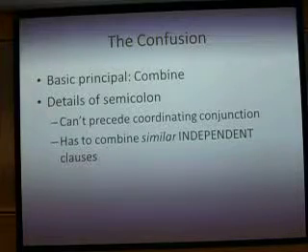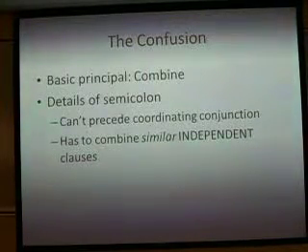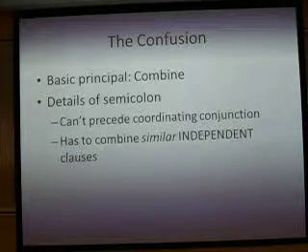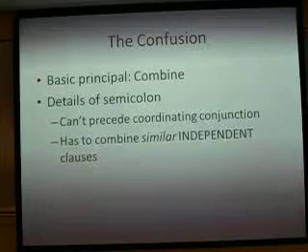They also don't always teach that a semicolon is used to combine two similar independent clauses. A semicolon cannot be used, according to prescriptivist ruling, to combine dependent clauses or any form of phrasing.